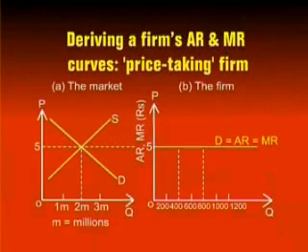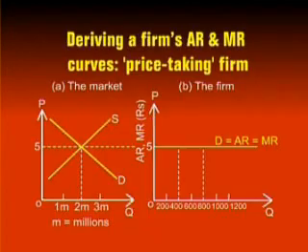Now let's start with the price-taking firm, and let's begin by analyzing what happens to average revenue if the firm decides to sell more output. If the firm is a price taker, it means that it is a small firm relative to the market, and therefore price is determined by the intersection of the market demand and supply curves.